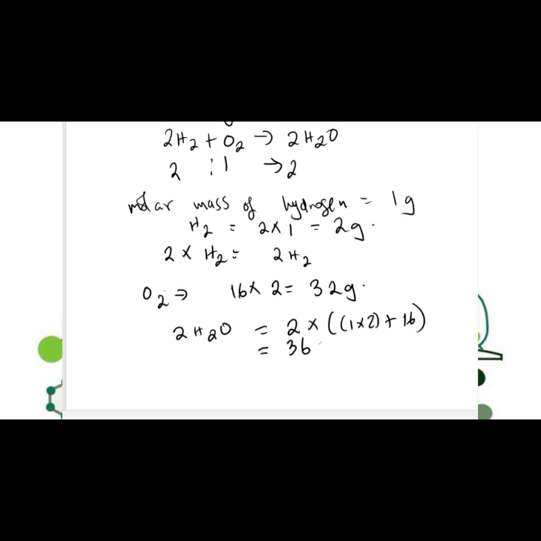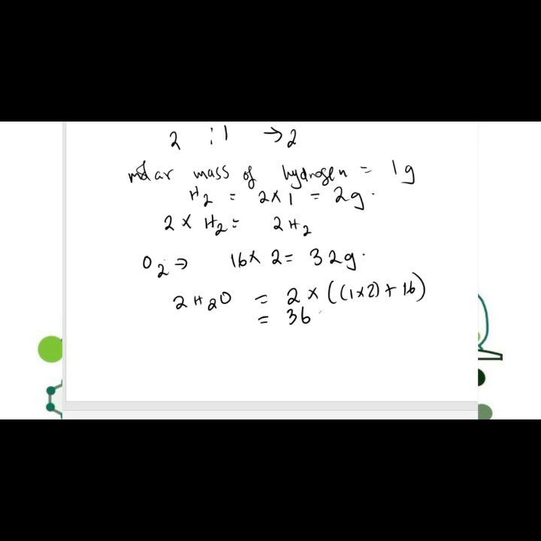So by conservation of mass, we see that we got 4 grams of hydrogen here and 32 grams, which is 4 plus 32, which results in 36. So the mass is conserved. All right, so this one is the theoretical yield.